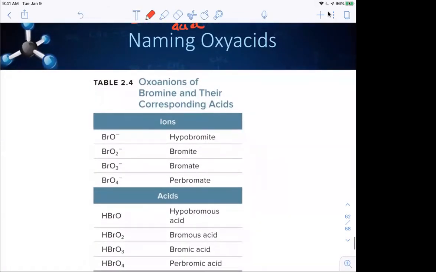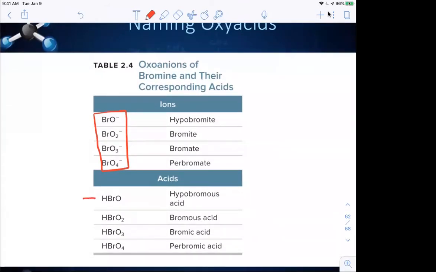Here's that series where I have the hypo and the per. So if I had a hydrogen added to the first case, that would be hypobromous, right? So the ite goes to us, acid.